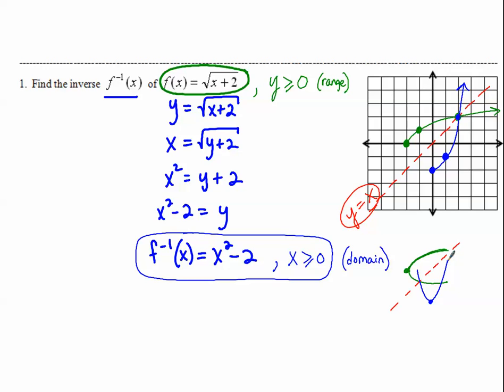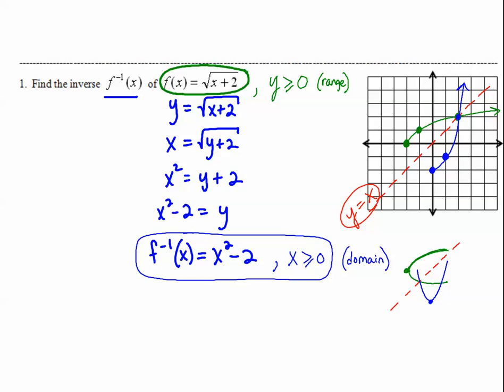But here's what we're trying to work with. We're trying to work with functions. If one of the functions is a parabola, its inverse is a sideways parabola and not a function. And we are really trying here to deal with mostly functions. So if we say that our function has an inverse, then it is going to be a function to start with, and its inverse will be a function.